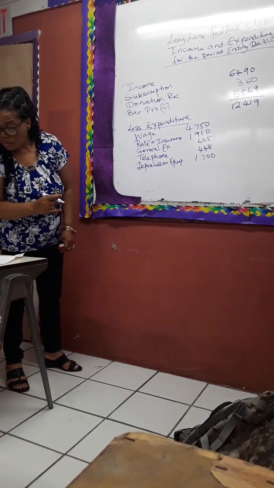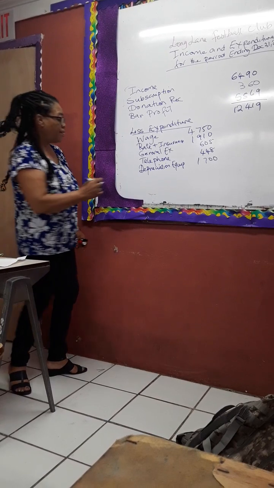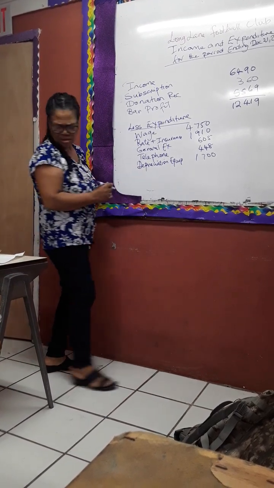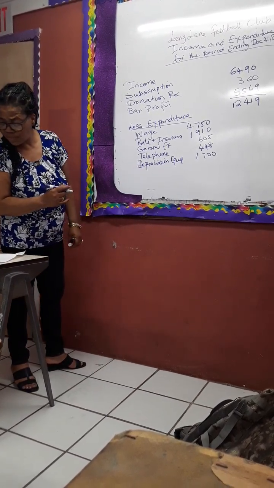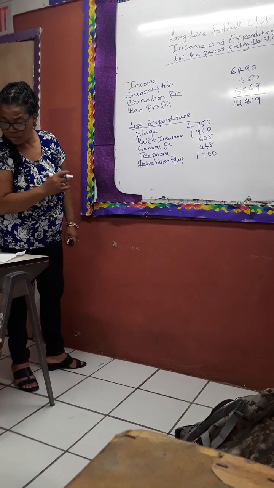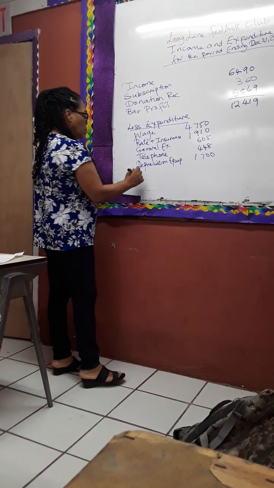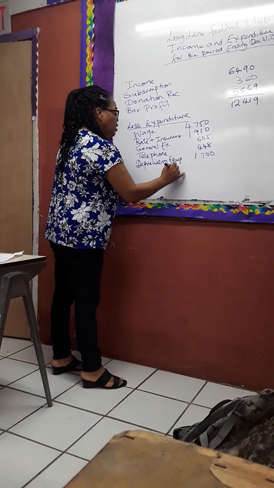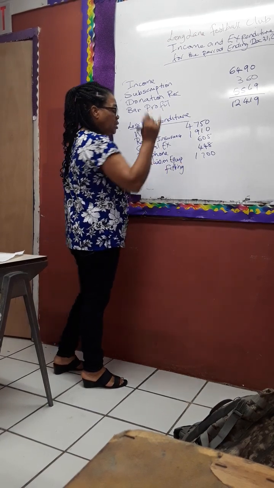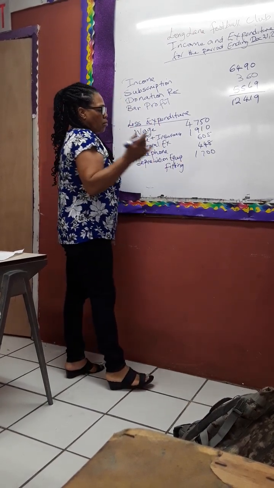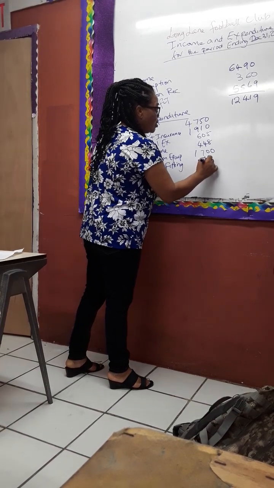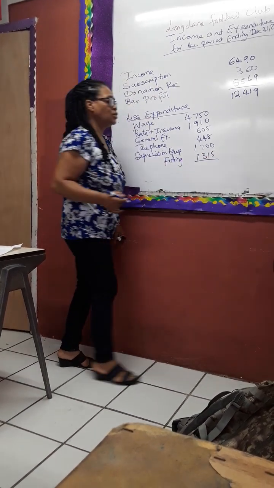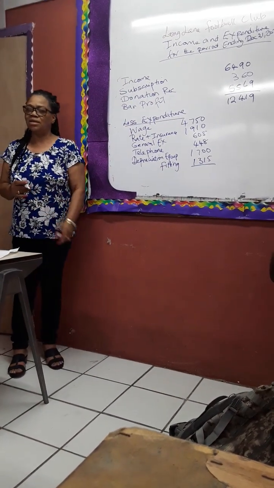And on fittings and furniture, what's the depreciation? 1,350. And all I'm going to do now is to tally that. Calculate.